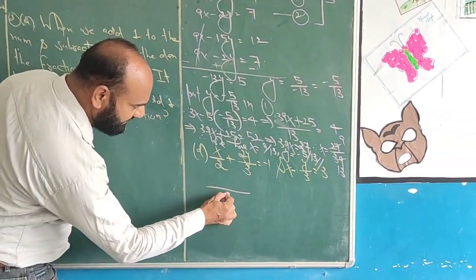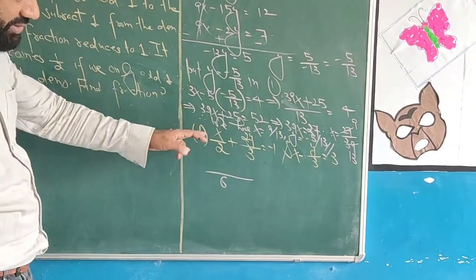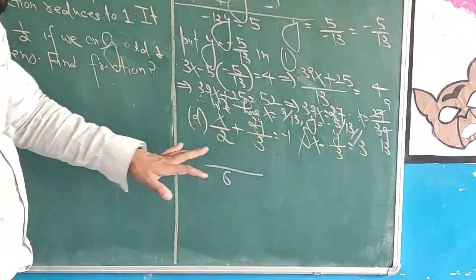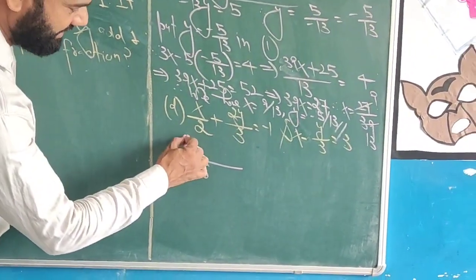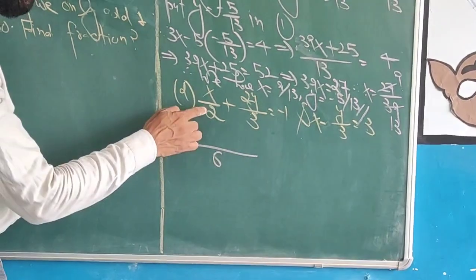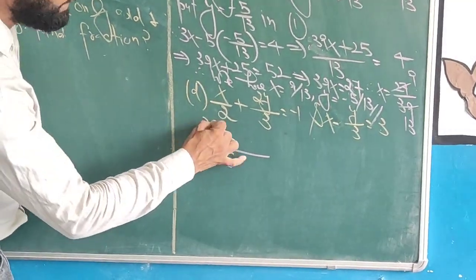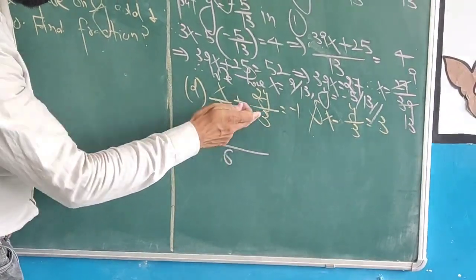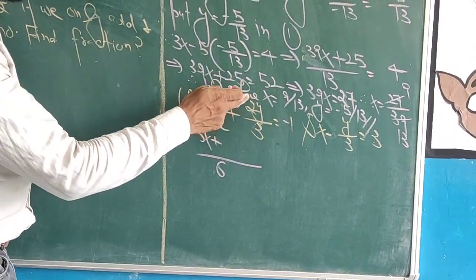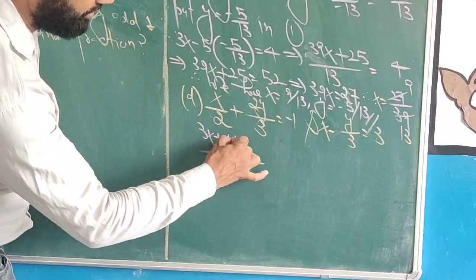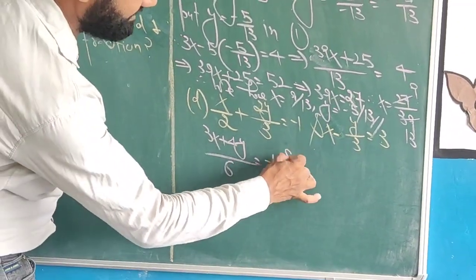So to change to standard form, first of all we simplify these two equations. Because the LCM of 2 and 3 is 6, when 6 is divided by 2 we get 3, and multiplying 3 by x, we get 3x. Similarly 6 by 3 is 2, and multiplying 2 with 2y gives 4y is equal to minus 1.